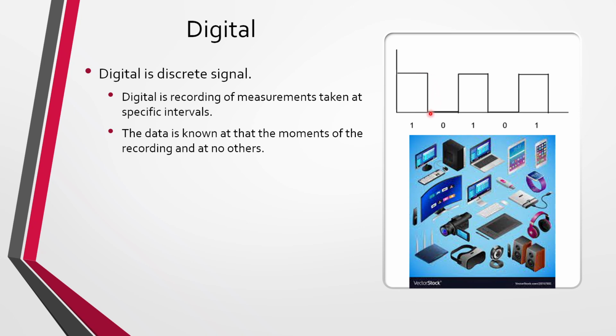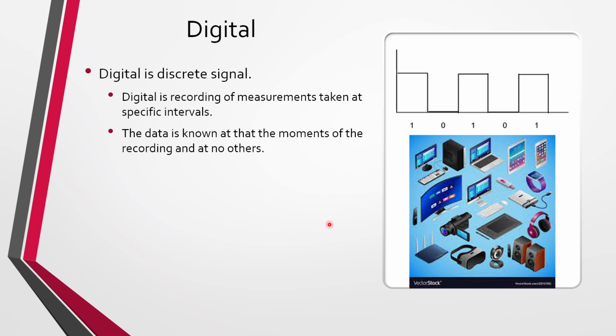When it's taken again, now it's at 0, so it's going to change to 0 and stay that way. It could have other values in between, but it's not being taken at this time. Now it's taken again, and it's going to go back to 1. All right.